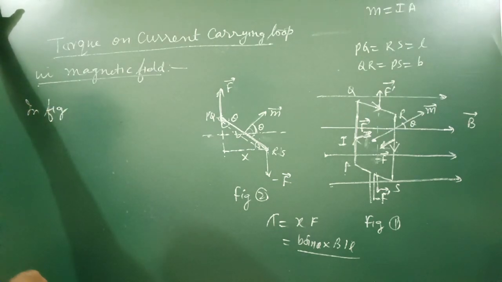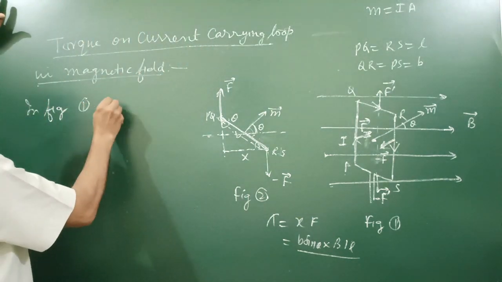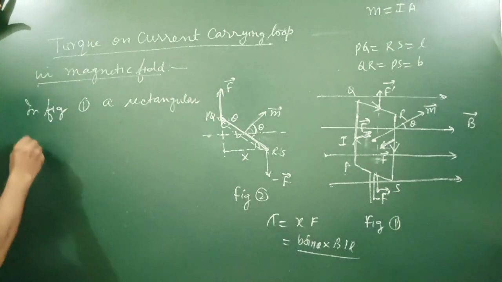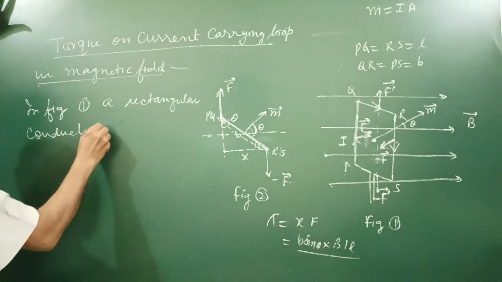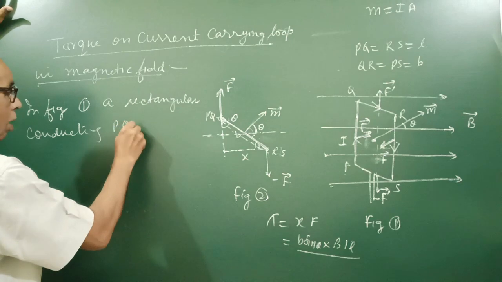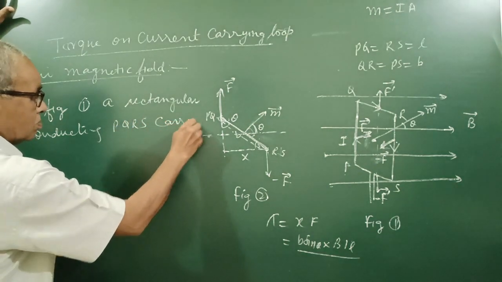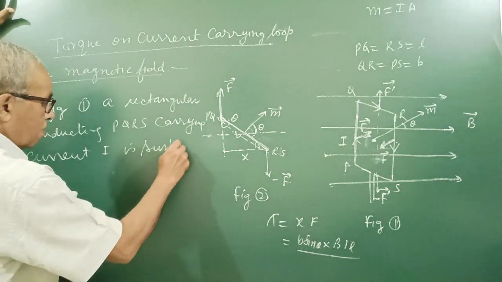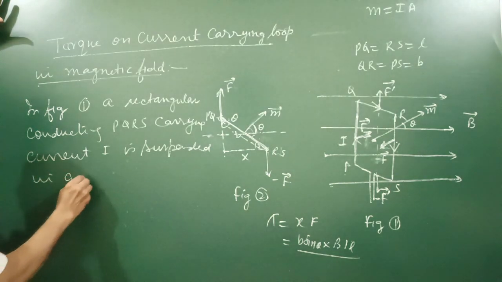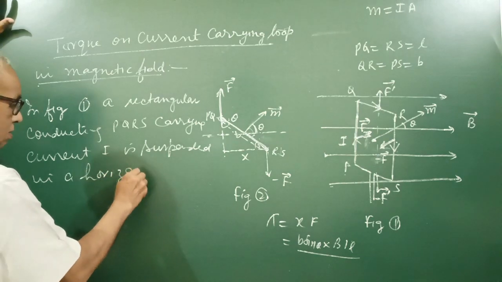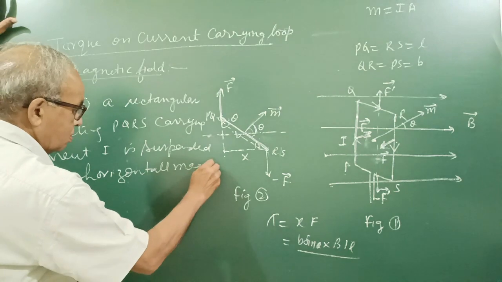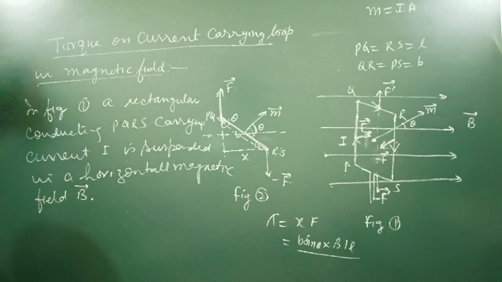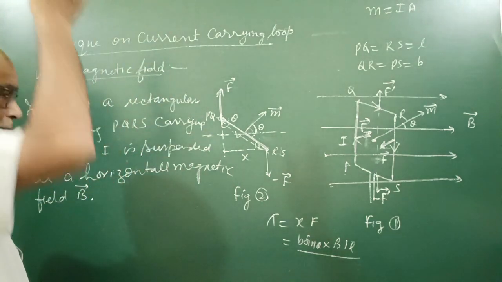In figure 1, a rectangular conducting loop PQRS carrying current I is suspended in a horizontal magnetic field B. Vertically suspended, is suspended, so it will be vertical.